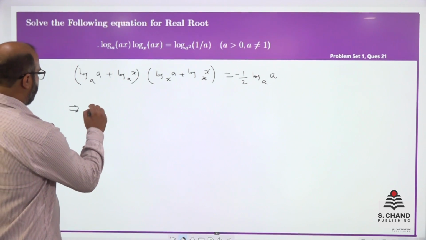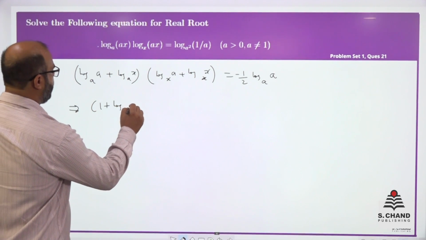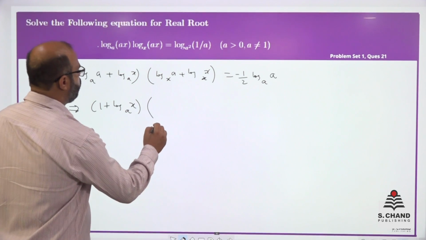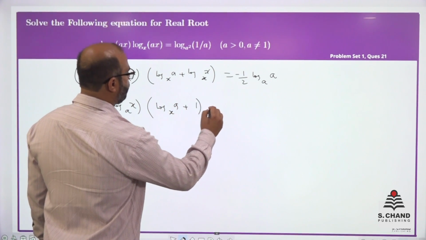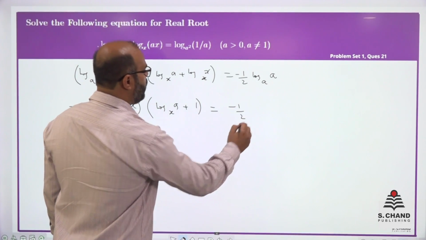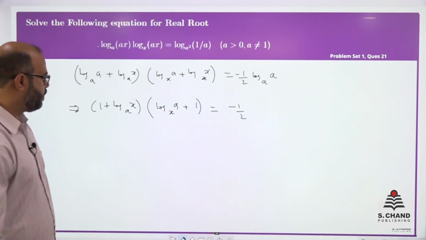So this will become 1 plus log of x to the base a into log a to the base x plus 1. This is minus 1 by 2, as log a to the base a is 1.